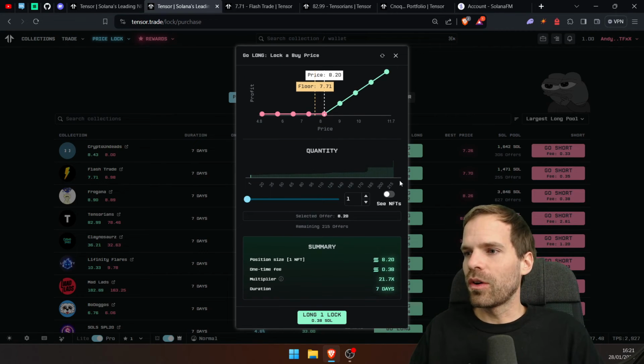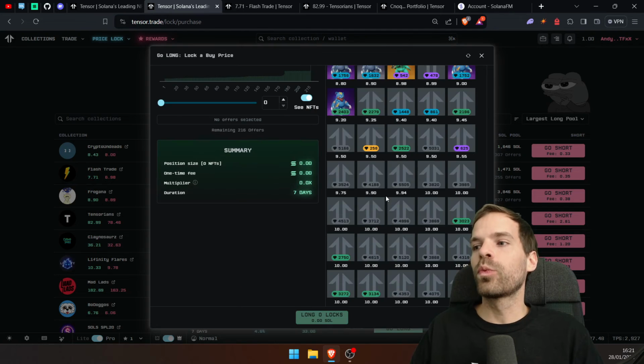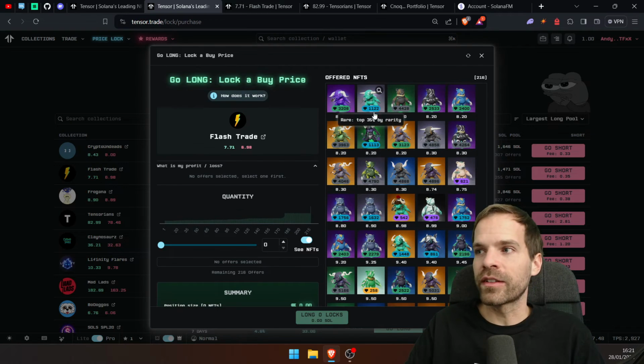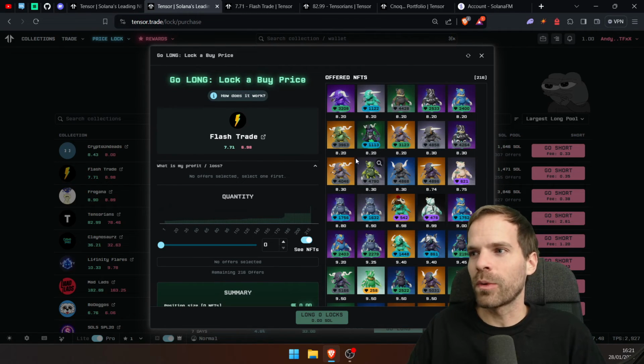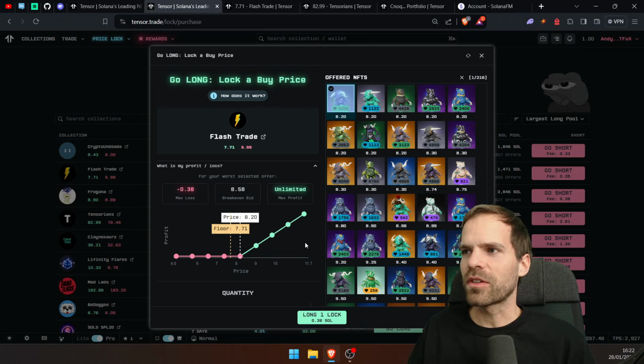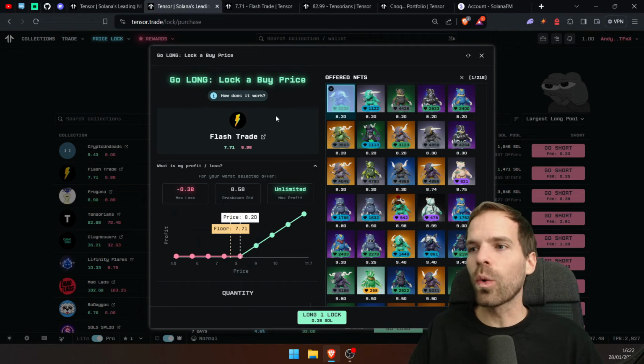So I could either now just select one or check out which NFTs in particular. So those are the ones who funded, right? Cheapest one would be this one, but I could find one that has nicer rarity or has nicer colors or whatever trait. So I could pick one that I like, but since I'm such a fan of purple, I'm just gonna take this one. So here's the thing. If we actually do this, if we actually go long here, then we pay that immediately.